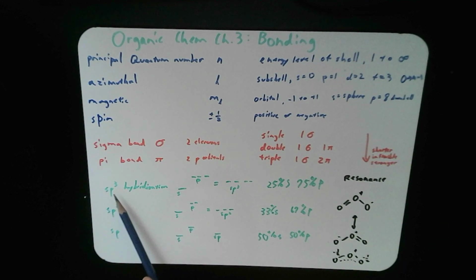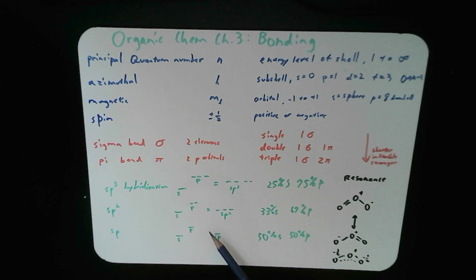Well, sp3 hybridization is typically for single bonds, sp2 typically for double bonds, sp typically for triple bonds. You will see that there are unhybridized orbitals in here. So in sp2, there is one unhybridized p orbital, and in sp, there are 2 unhybridized p orbitals.